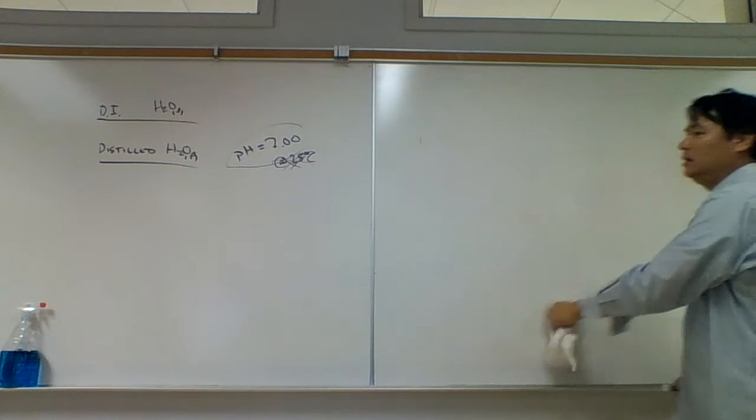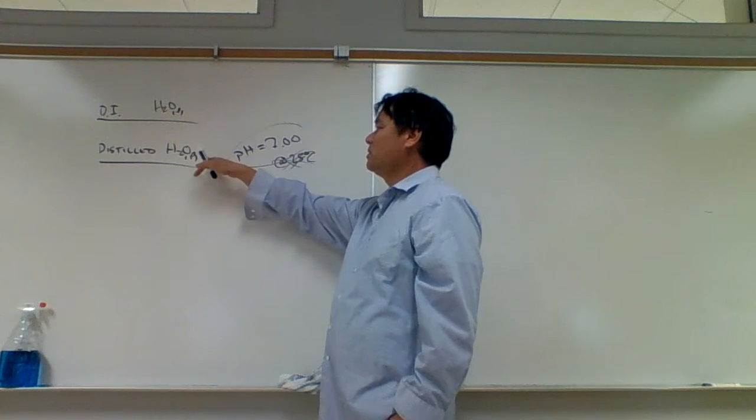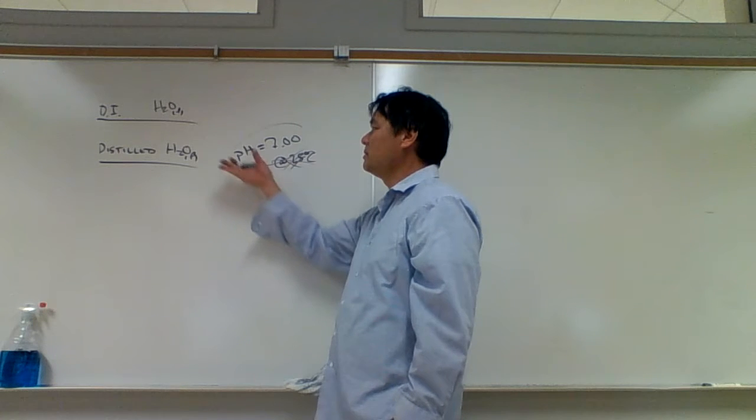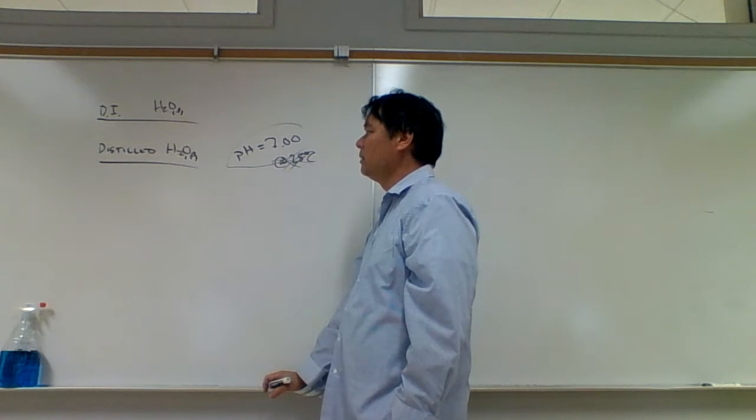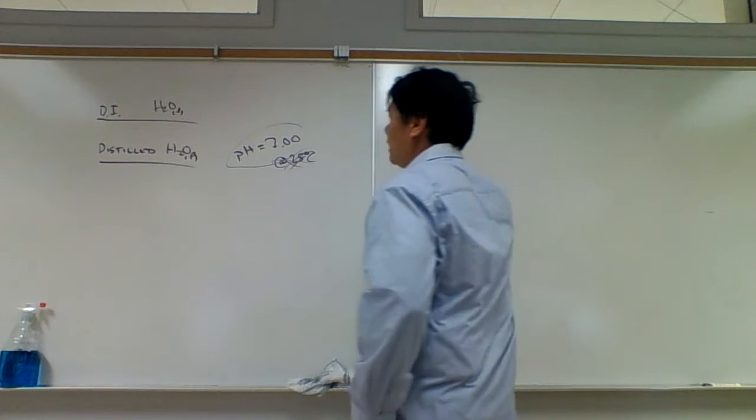The reality is it doesn't, unless it's freshly distilled. Freshly distilled water should read pH 7. If the water's been sitting out in the air for a while, it's going to read less than 7 because of CO2 contamination.